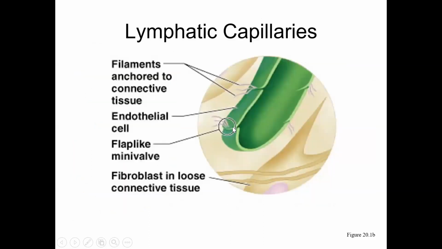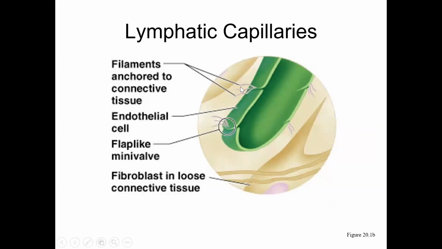If you look at the structure of the lymphatic capillaries, it's a little bit different from a blood capillary. Let's see if I can draw. I can't. If you notice, there are gaps along this lining wall. These gaps are much bigger than in the blood capillaries.